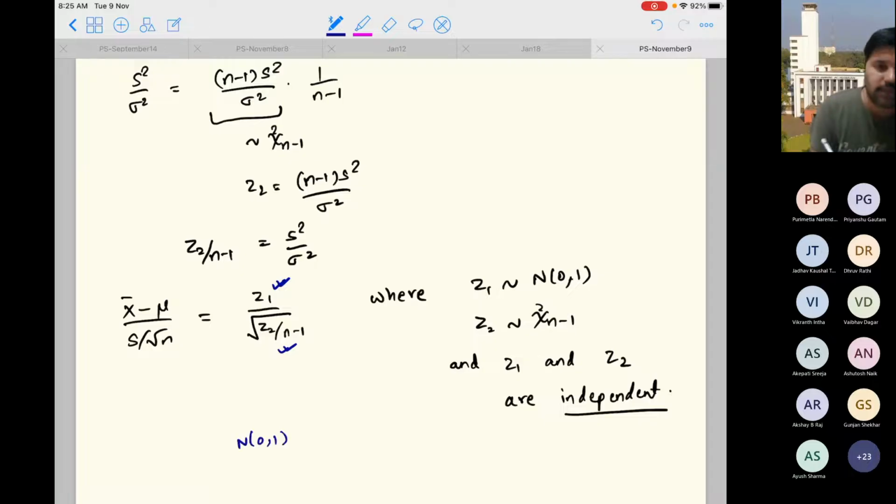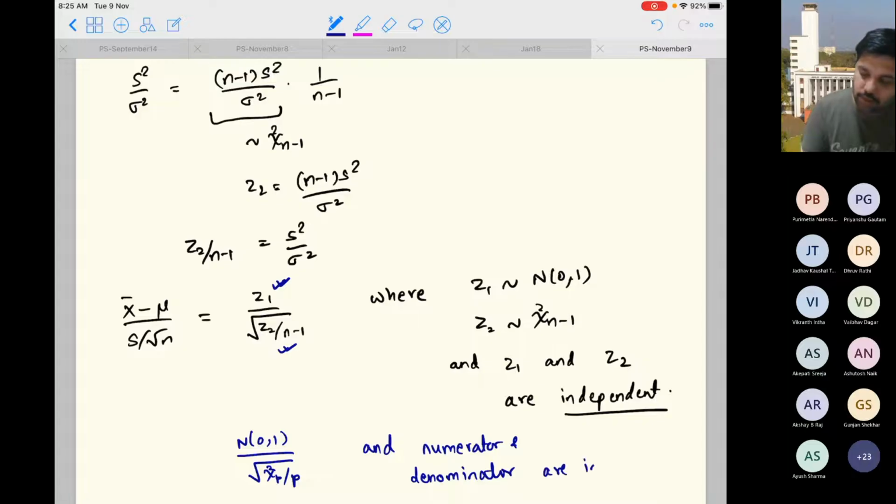Naively, I will write this as a ratio of normal 0, 1 divided by the square root of chi-square p divided by p, and the numerator and denominator are independent.